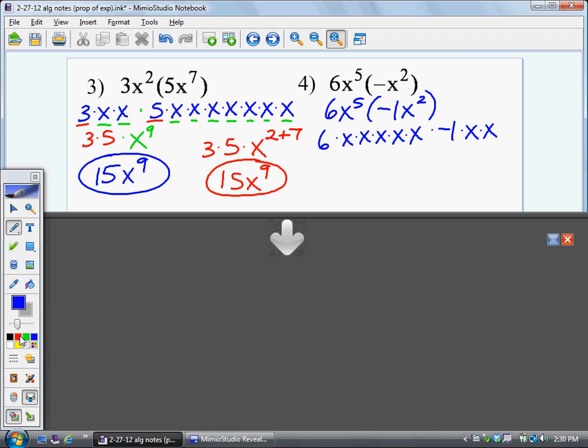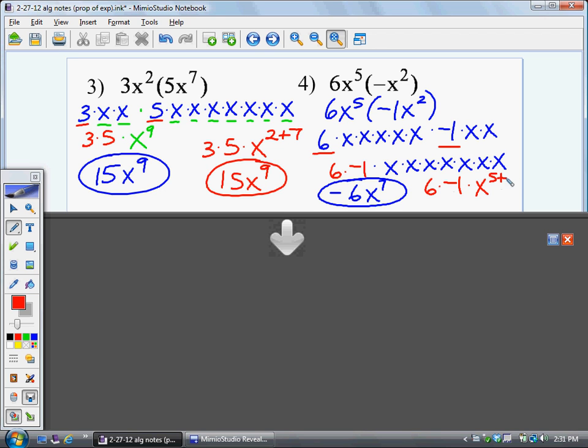When I rewrite it, I put my coefficients, the numbers that are different bases, out to the front. 6 times negative 1, and we have all of our x's here. 6 times negative 1 is negative 6, and then that's x to the 7th power. And again, you're doing 6 times negative 1 times x to the 5 plus 2. And that's where you get the 7 from.